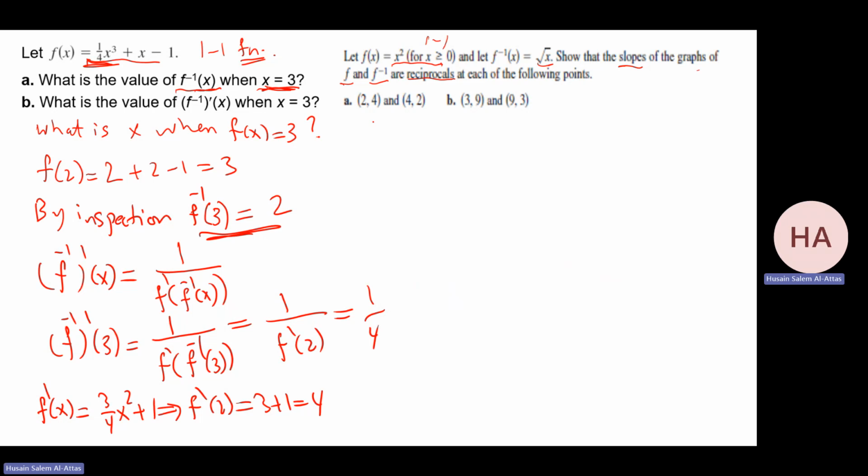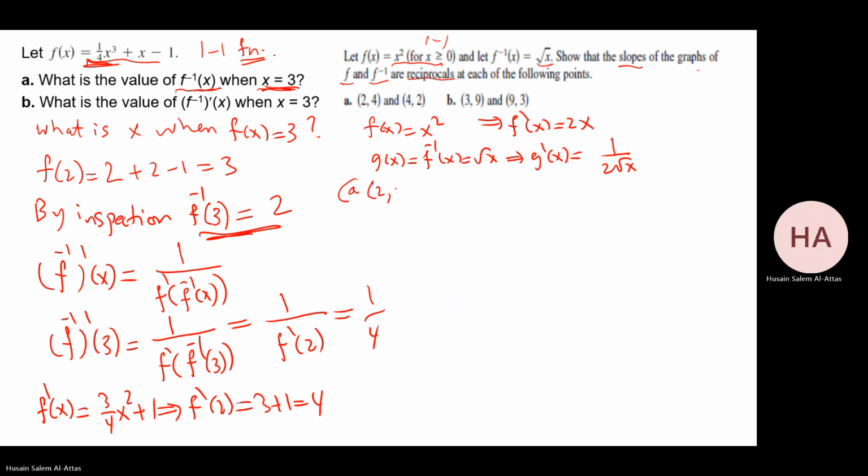Let me call f of x equal x squared, and the other one let me call g of x, which is f inverse of x. So what will be f prime? It will be 2x. And what is g prime here? It is 1 over 2 root x. Okay, now take part A, 2 and 4.